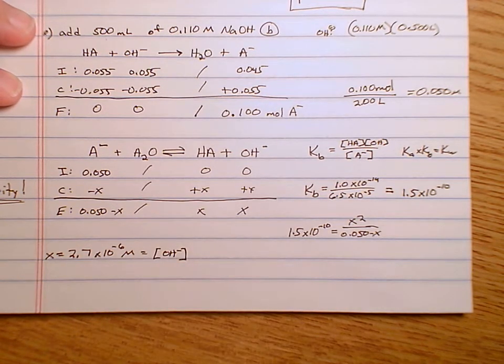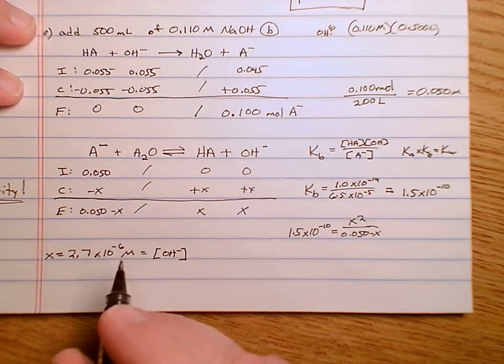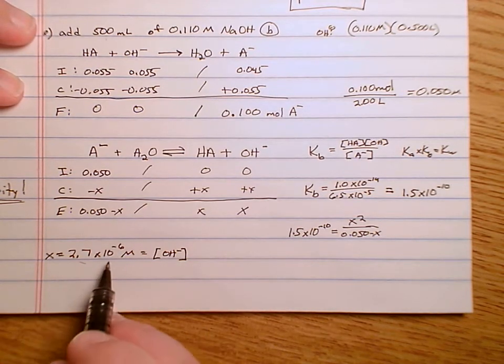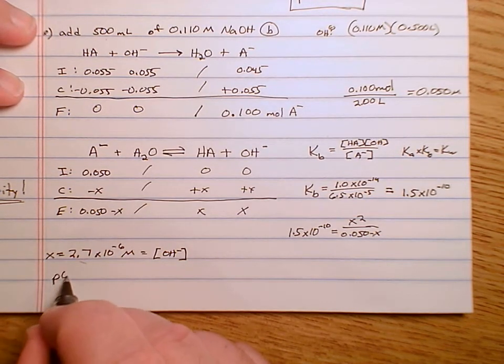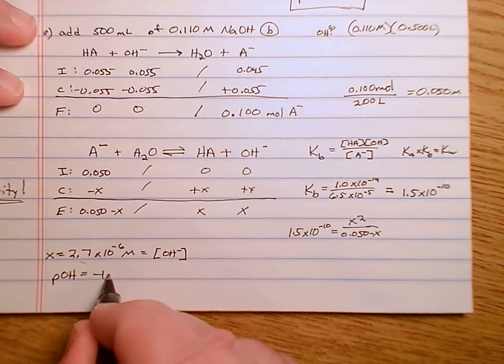I need the pH. For me, it's easier at this point to take the negative log of this number since it's in my calculator. And so I take the negative log of 2.7 times 10 to the minus 6, and that's my pOH.